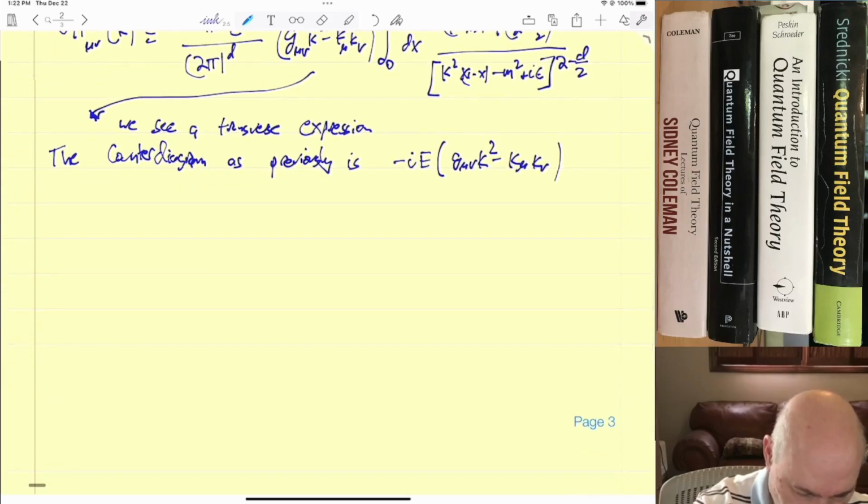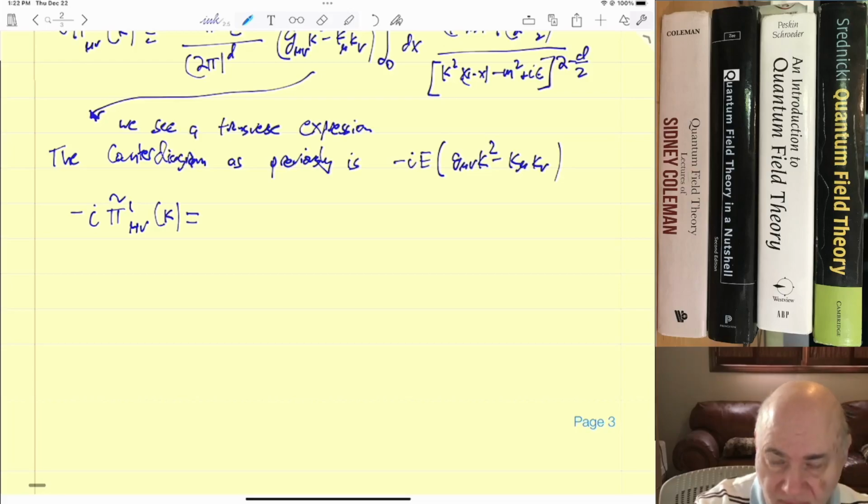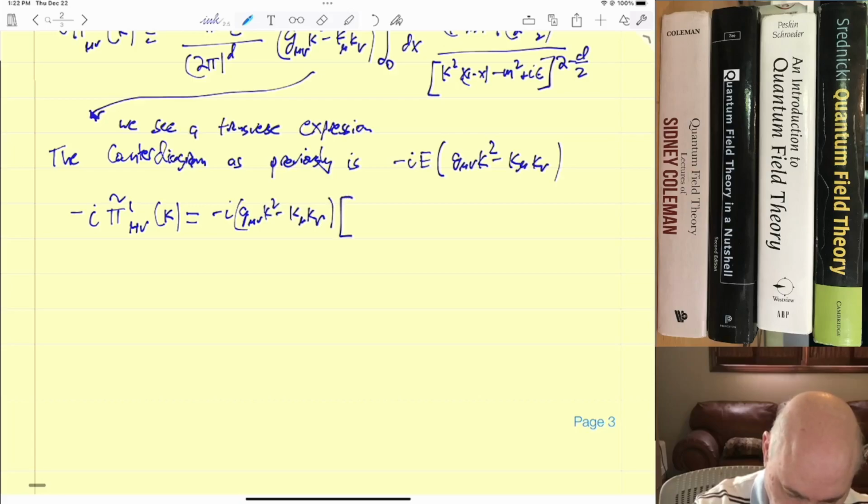And we write it in the same way we did last time. And the renormalization condition is the same.